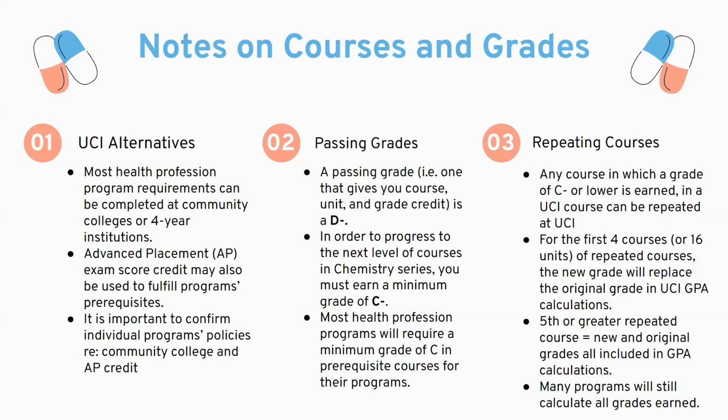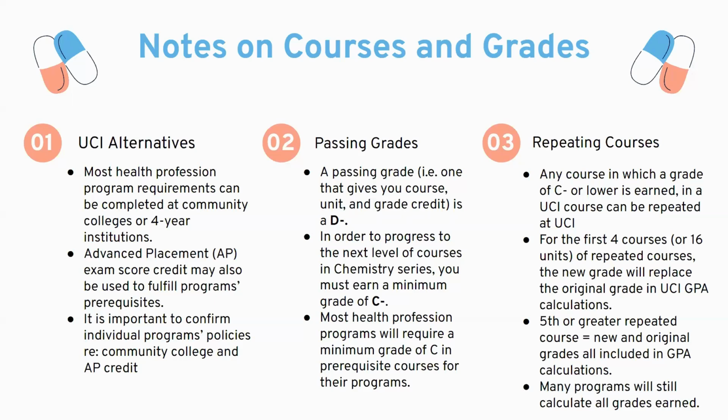This works out though because most health profession programs will require a minimum grade of C or better in the prerequisite courses for their program. So oftentimes, if it's a required STEM class, we'll talk to students about making a plan to repeat the course at some point in the future.